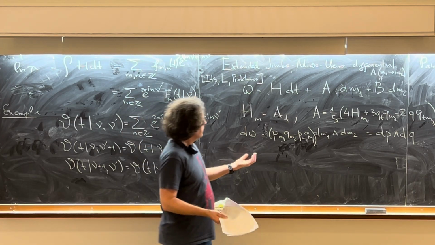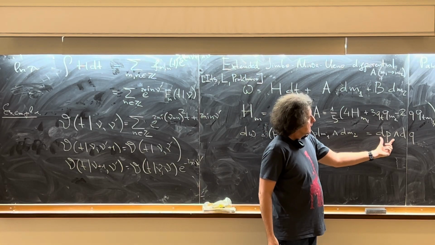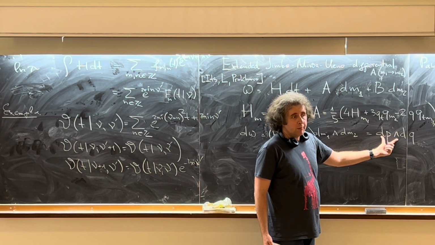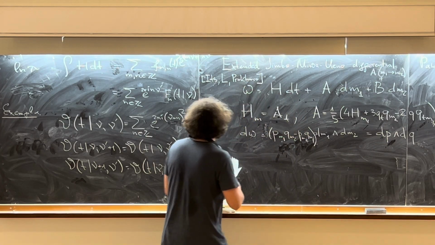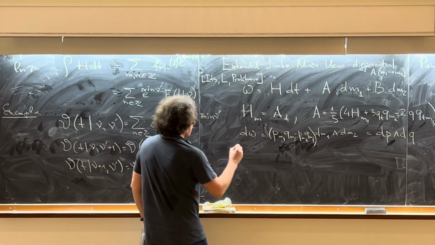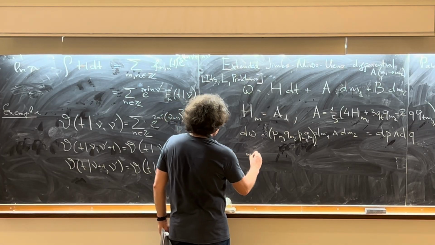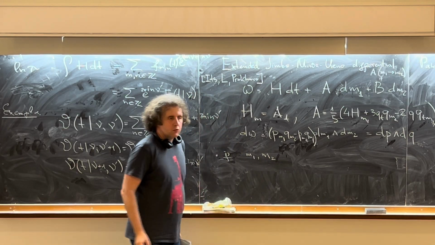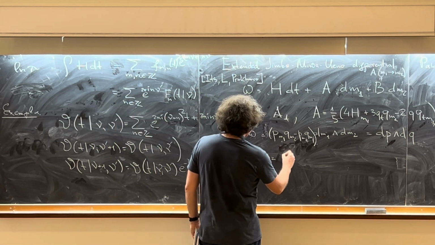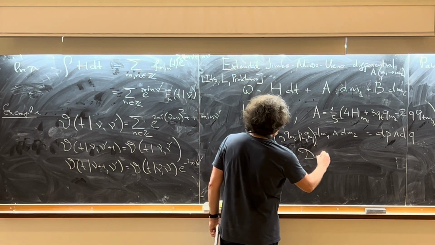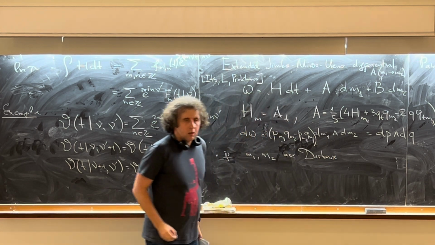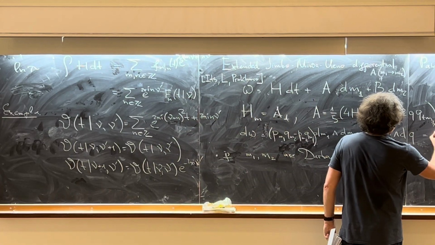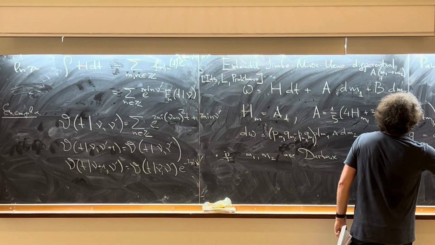And even though our system is non-autonomous, this form is independent of time. And therefore, if M1 and M2 are Darboux coordinates on my monodromy manifold, then this is dm1, dm2.